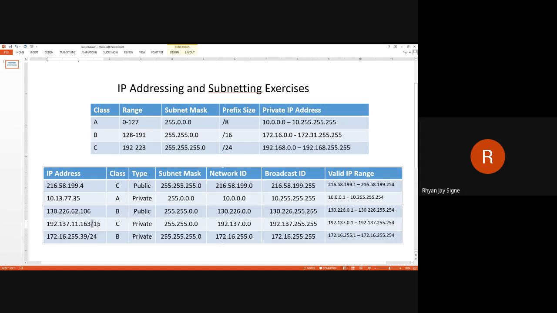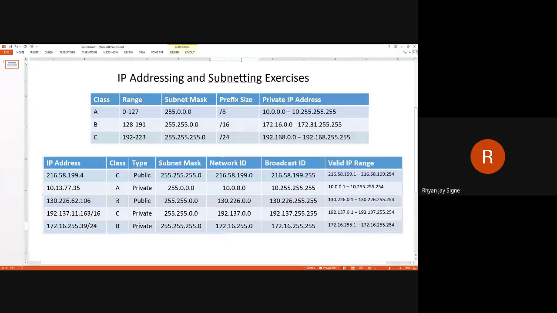Meaning it is subdivided, called subnetting or supernetting. So the default subnet mask is bypassed based on the requirement of the network. Okay? Questions?